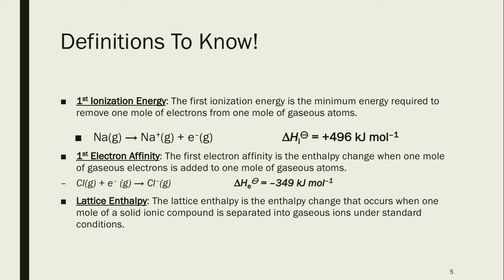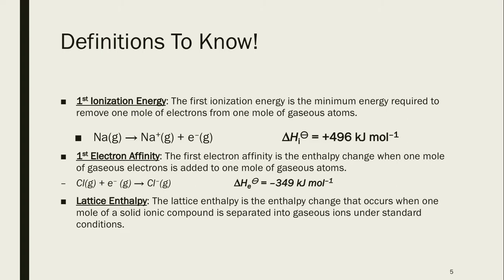So the first thing that I want to start with are some definitions. We're going to be bringing back some information from topic 3, which was all about periodicity, that is going to help us with the Born-Haber cycle.